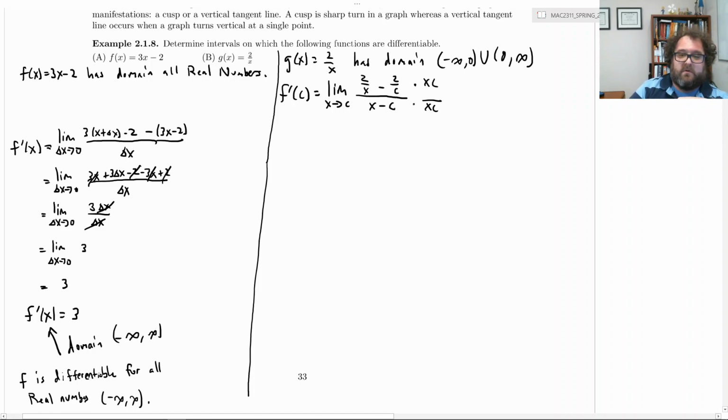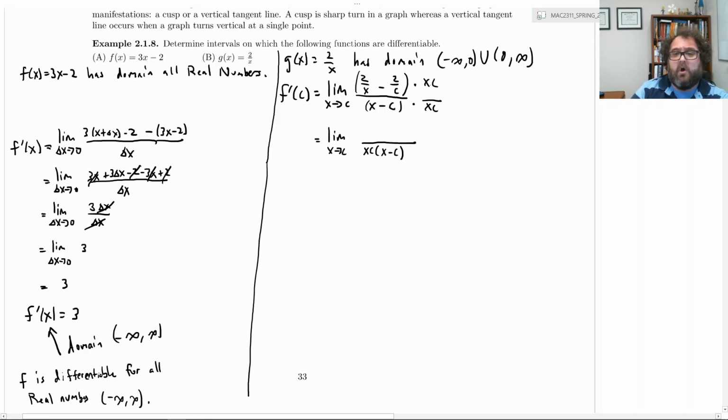What happens? It equals the limit as x approaches c. I'm going to distribute on the numerator, so I'll put parentheses like this. On the denominator, I'm not going to distribute. I'm just going to write xc times x minus c.